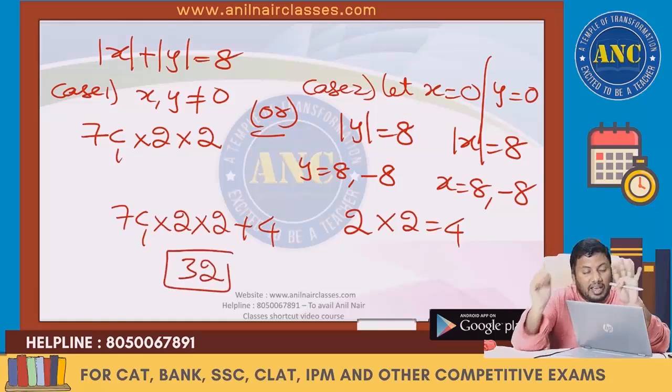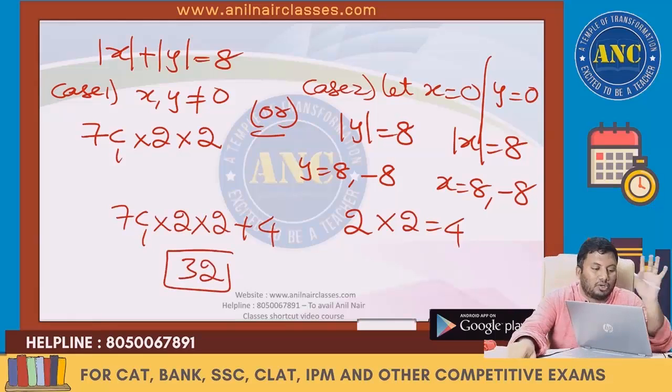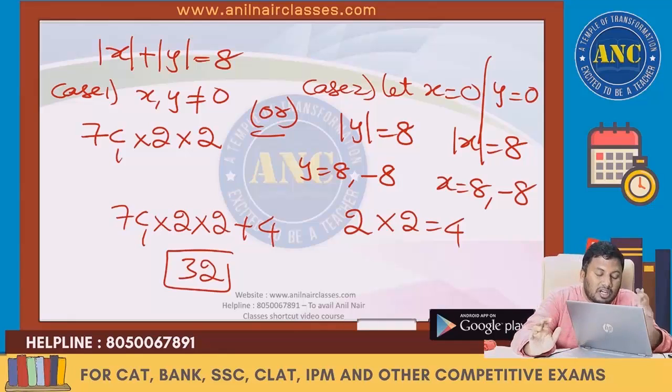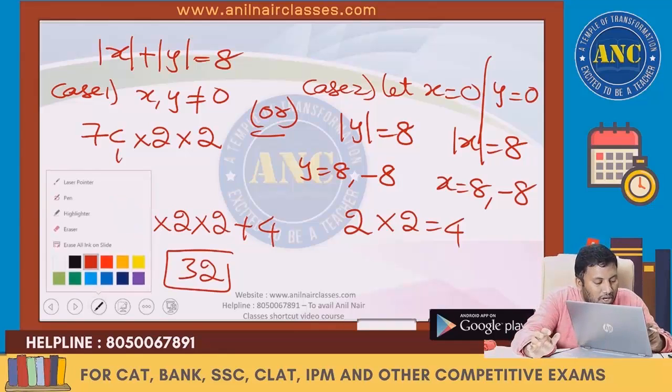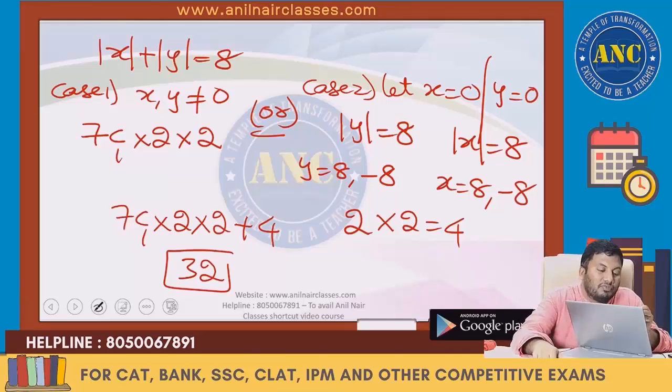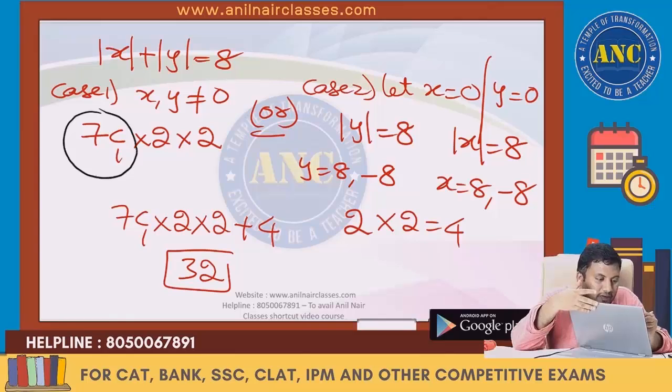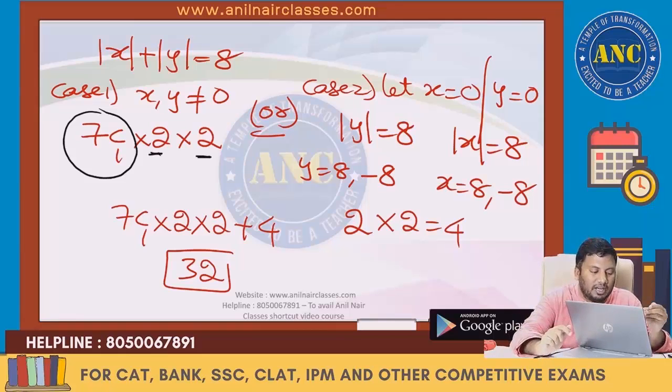First thing, x comma y is not equivalent to 0. If modulus is not present, this will become x plus y equivalent to 8. X plus y equivalent to 8 is 7c1. Modulus means inside plus, inside minus. 7c1 into 4 is 28.